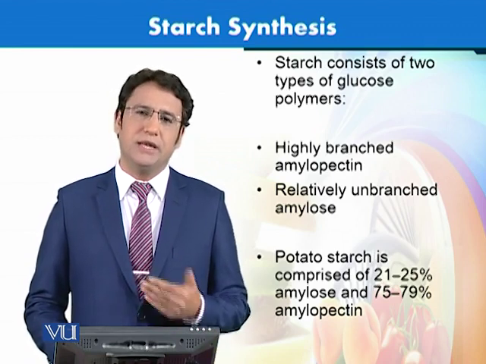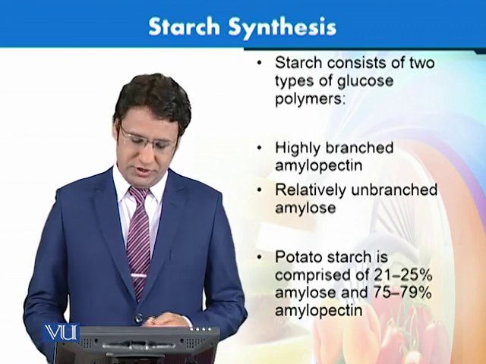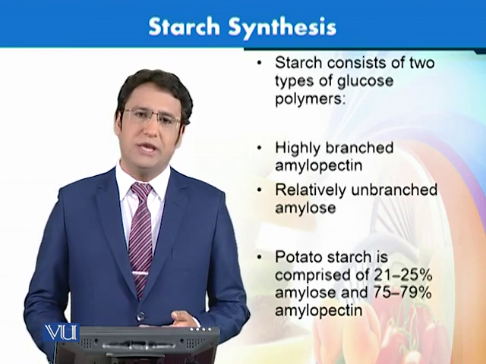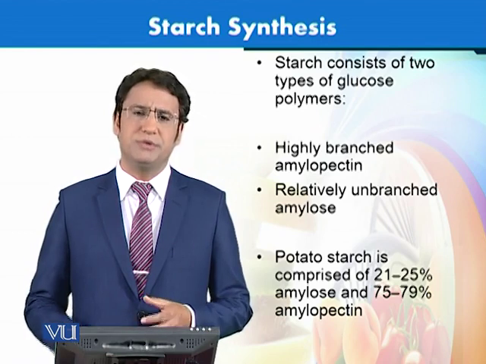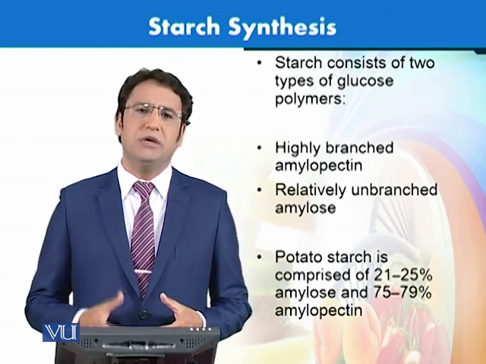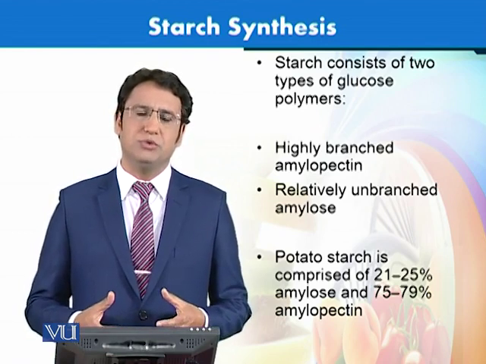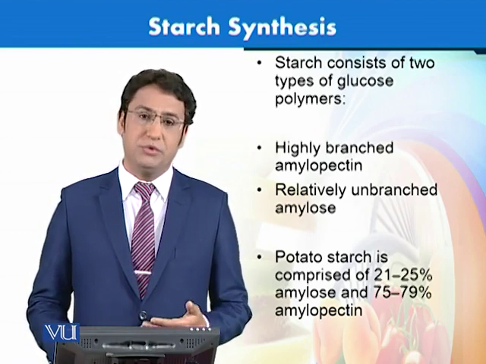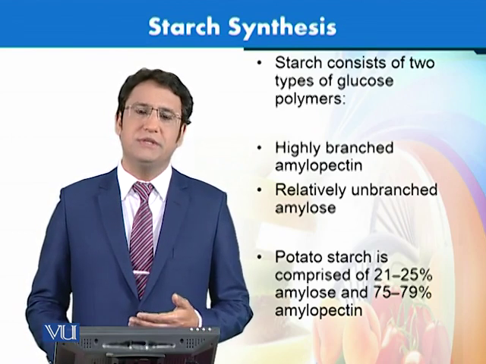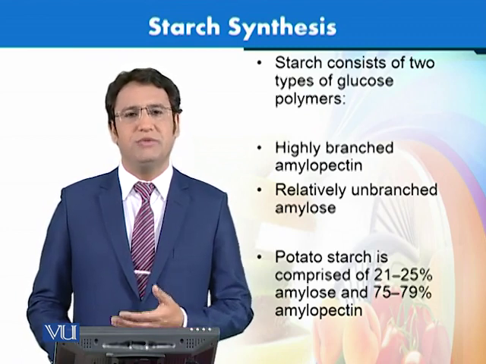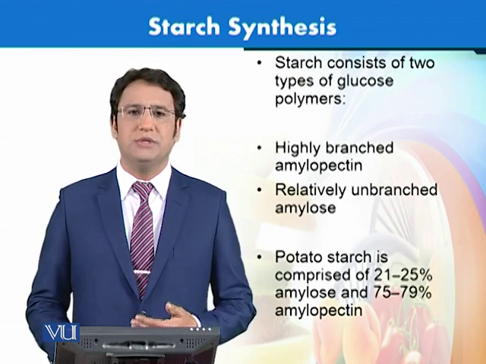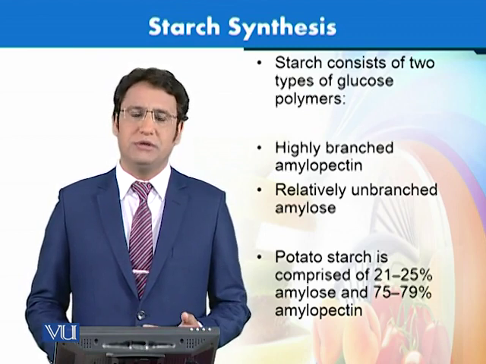The relative proportion is 21 to 25% amylose and 75 to 79% amylopectin. This is present in most starches, and particularly true in most tubers. Again, this relative proportion depends upon different cultivars, and we can try to modify it according to our own requirements through biotechnology as well.